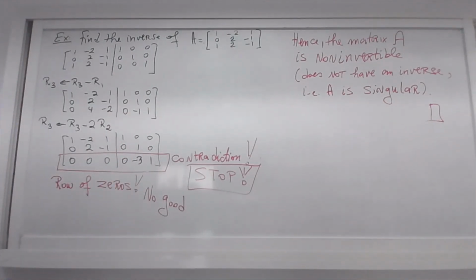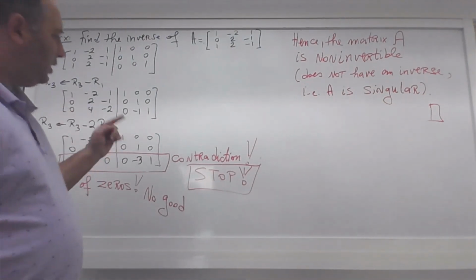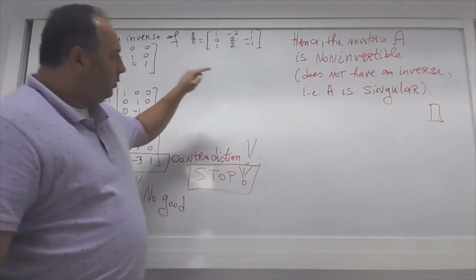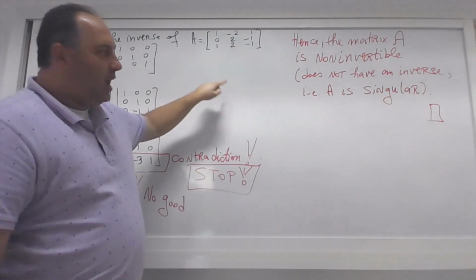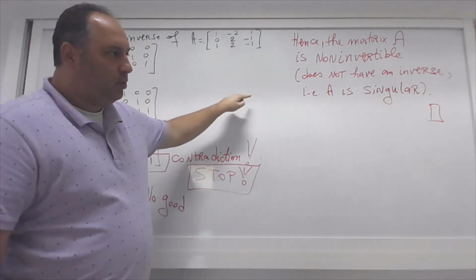So be careful whenever you see in your Gauss-Jordan process a row of zeros, you need to stop. Your matrix doesn't have an inverse. Bye-bye. There's nothing you can do. Remember, one of the important things is that when I start with a square matrix, I apply the Gauss-Jordan process.